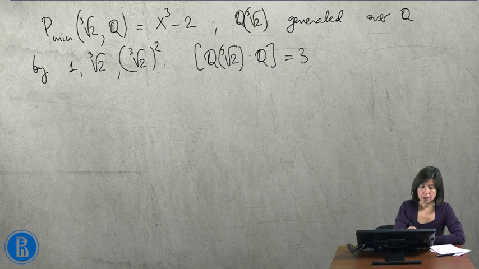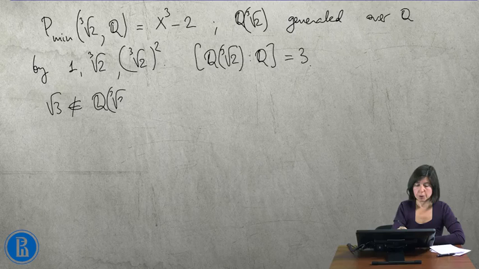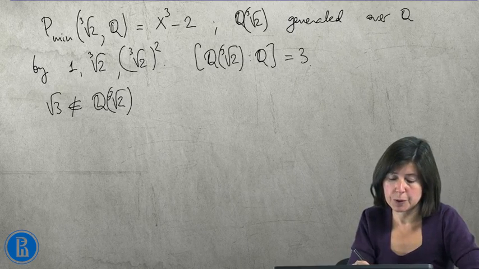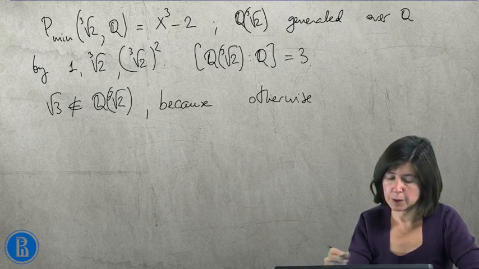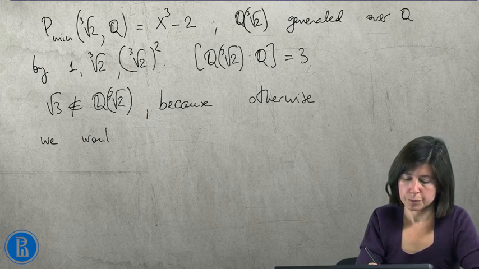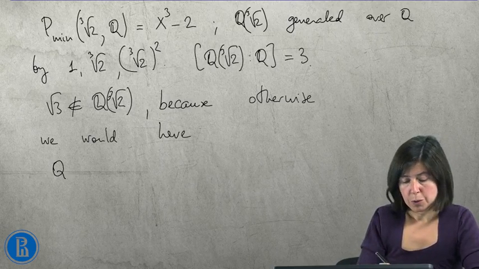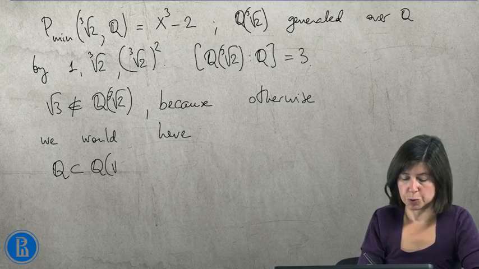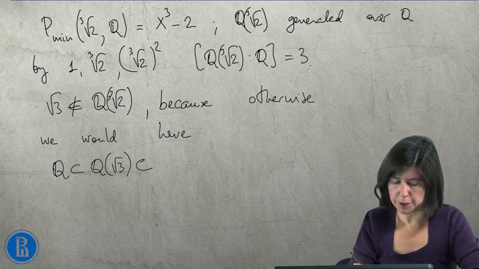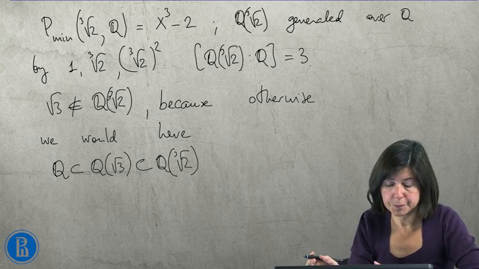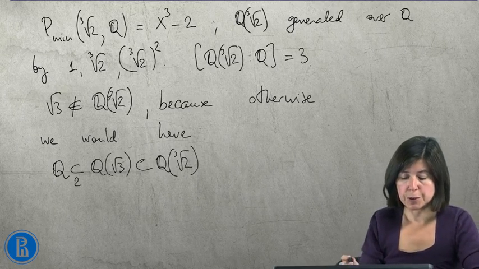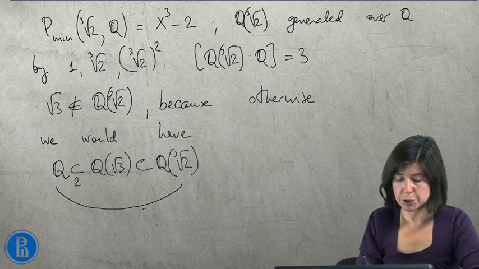Now, the square root of 3 does not belong to Q(cubic root of 2). Well, maybe the easiest way to see it is as follows, because otherwise one would have Q embedded in Q(square root of 3) embedded in Q(cubic root of 2), and the degree of the first extension is clearly 2, and the degree of the second extension is 3.